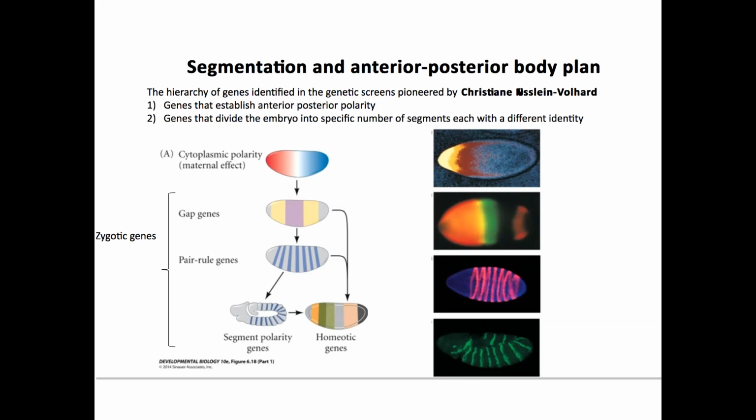Essentially the anterior-posterior body plan is going to now segment the embryo in a way that you have repeating units. And if you see the body plan of the adult Drosophila, there are structures that are repeated and there are structures that are not repeated.